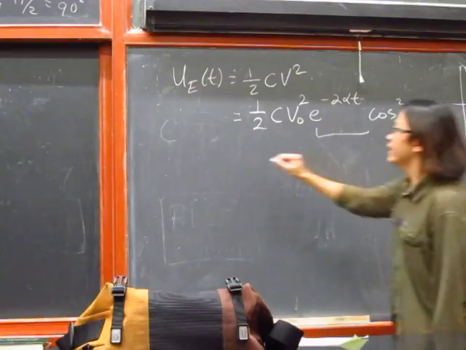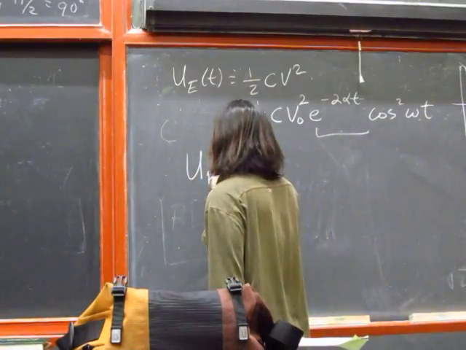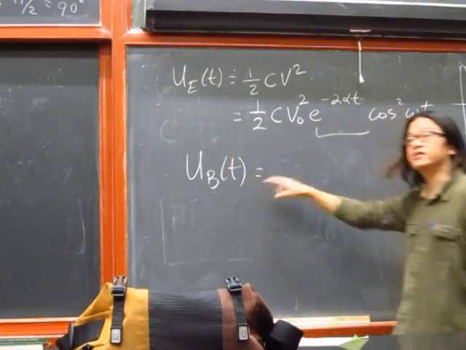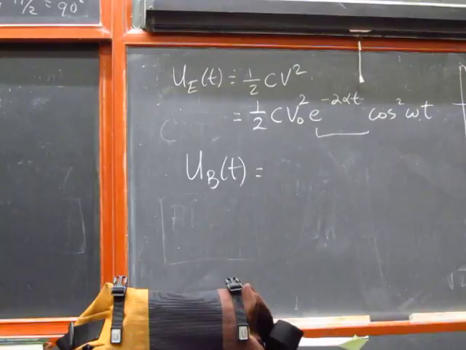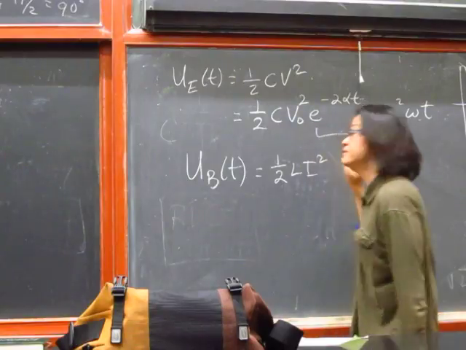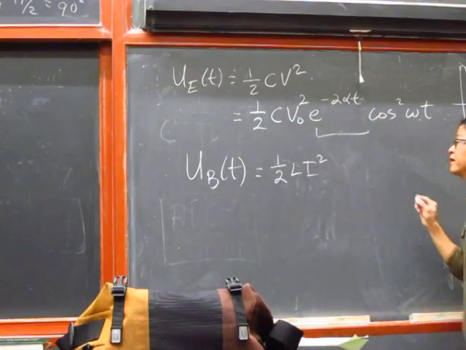Okay? And then there is also the term that's the magnetic energy as a function of time, and this is the energy stored in the inductor. Right? And it goes as 1/2 L i squared. Okay?